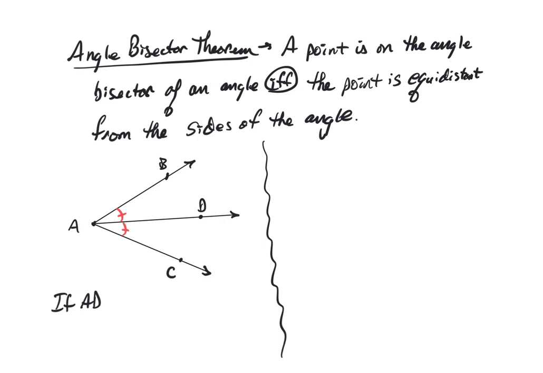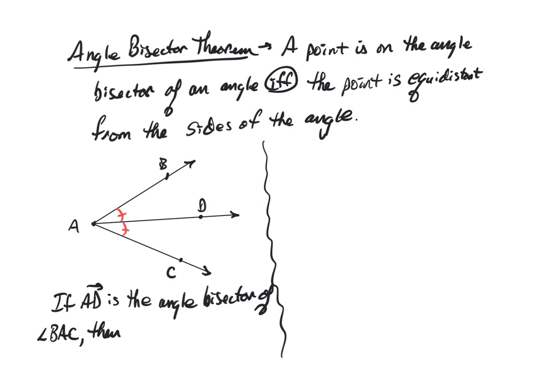Okay. So if AD is, I should probably say, the angle bisector of the original angle BAC, then, okay, so we're starting with an angle bisector, what's going to then be true?